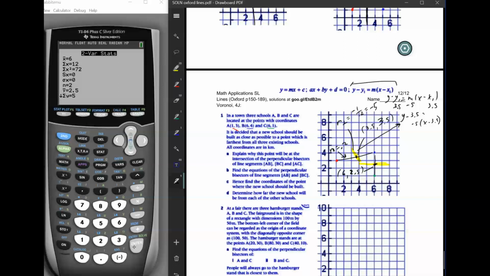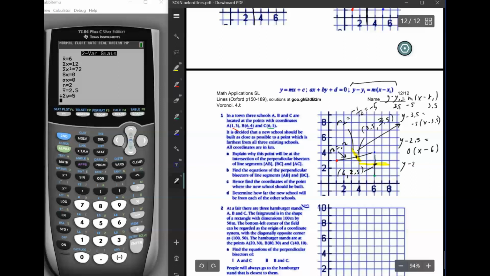And if you substitute in, I'm going to put y minus 2.5 because my y value of the midpoint is 2.5 equals, and then I'm going to put 0 for the slope, and then I'm going to put x minus 6 because 6 is the x coordinate of the midpoint. And you can see if I multiply 0 times x minus 6, it's just 0.